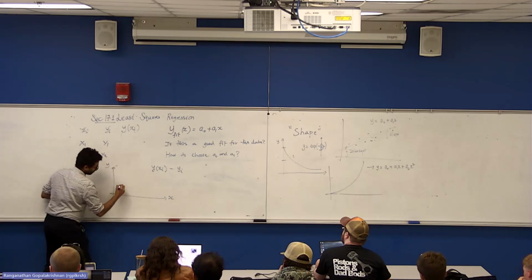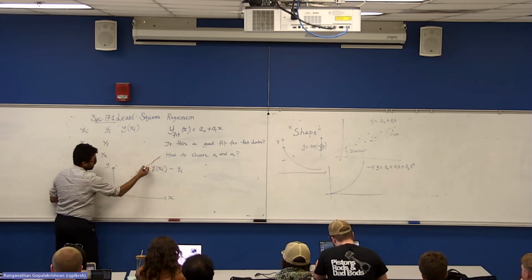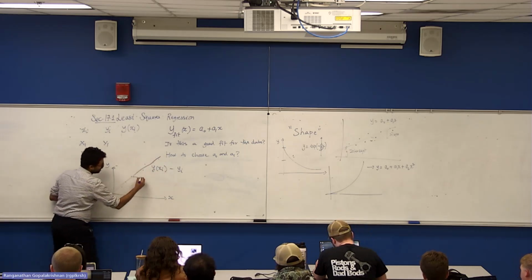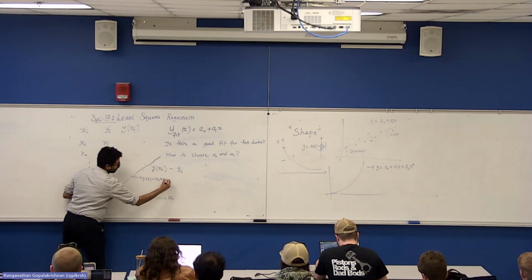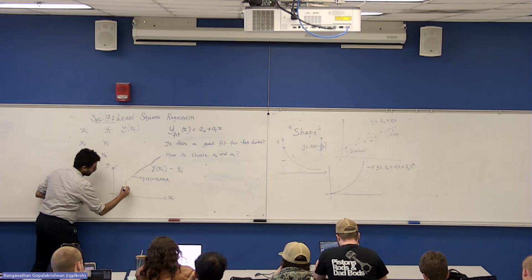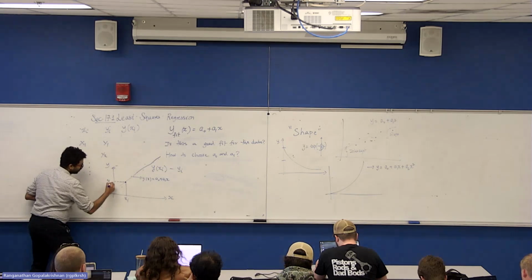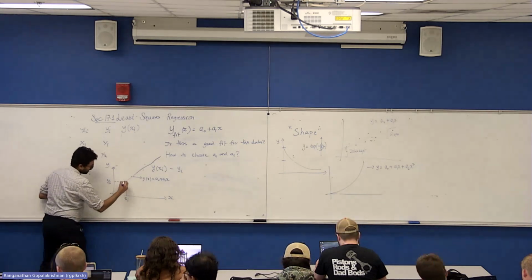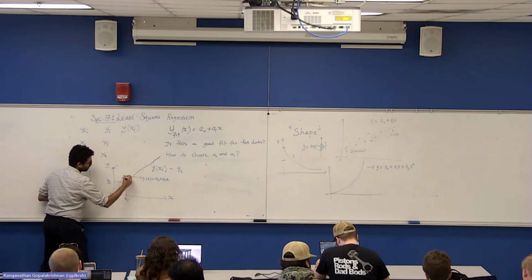So let's say you have data points that I plot on a graph, and then I fit a straight line, which is going to be y of x equal to a naught plus a1x. So this is xi, and the corresponding value for this data point is yi. At the same xi value, this line also predicts y of xi.